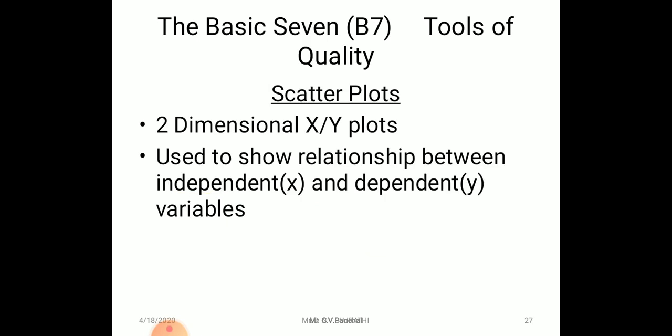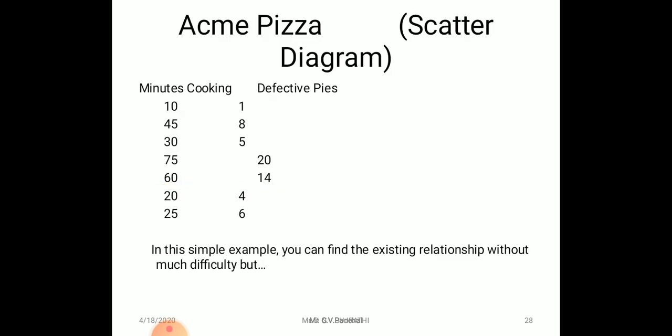This kind of plot shows the relationship between one independent and one dependent variable. How does it show this? Take 10 minutes of cooking. If the kitchen person takes 10 minutes for cooking a pizza, then the probability of producing defective pizzas is 1.